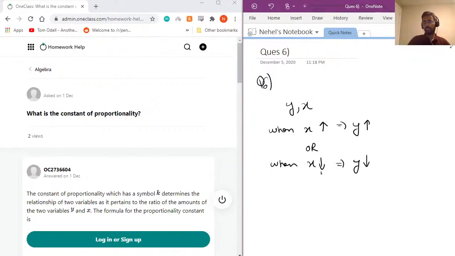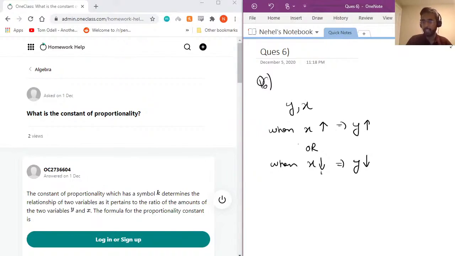If two variables share such a relationship, we can call them proportional. There might be cases when x increases, y decreases, so it's an opposite effect. In that case, we call them inversely proportional. But in this case, they are called proportional.